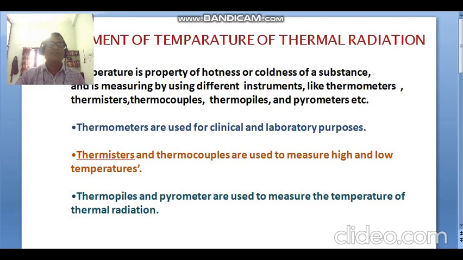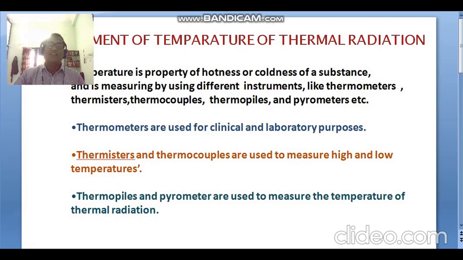Similarly, thermal radiation is the process of transportation of heat energy from one place to another without the involvement of any medium. In this case we are measuring the temperature of that thermal radiation by using different instruments.